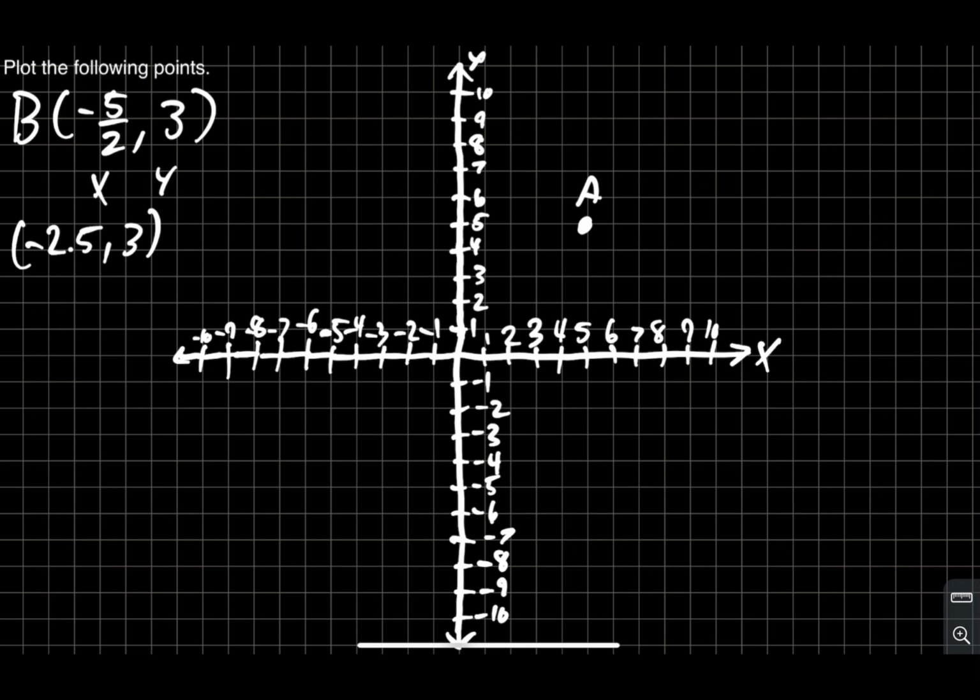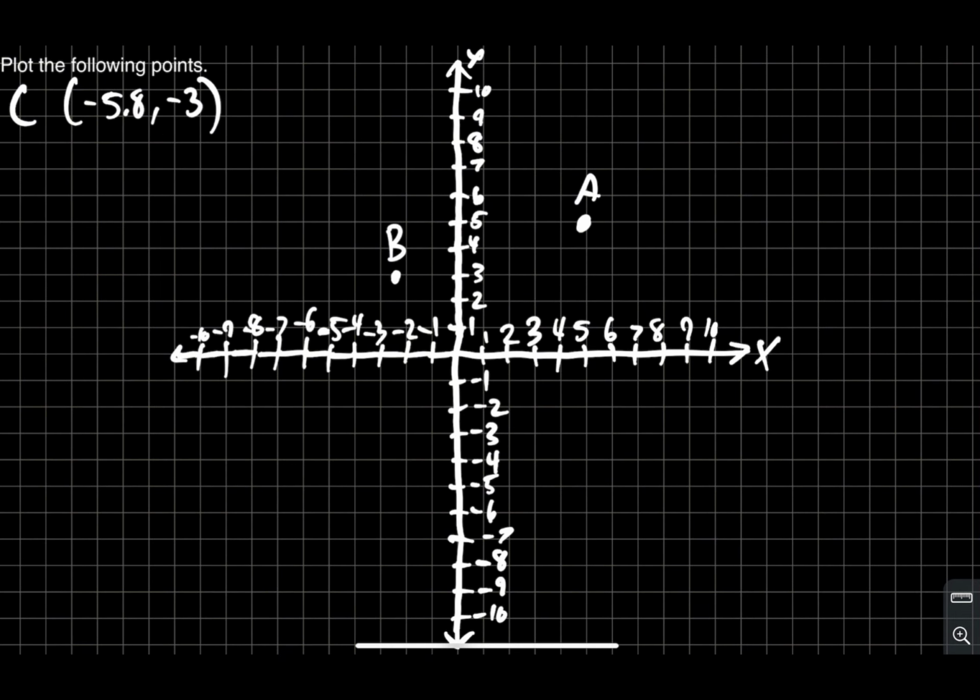So we can say that the x value for that is going to be in the direct middle of -3 and -2. So it would be right here. And then we have to go up to +3, which is right here where we went. And then where those two lines touch is where the point's going to be. So it's going to be approximately right here, and that's going to be point B.